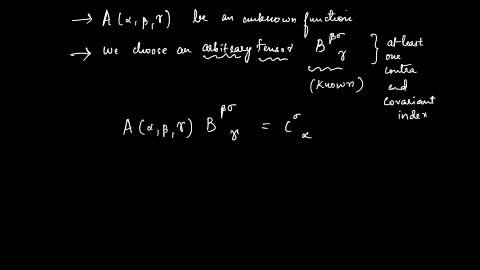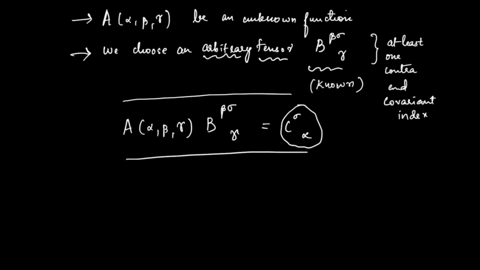Now, the inner product of the unknown function and the arbitrary tensor gives a tensor. If it gives a tensor, then A is also a tensor. If this inner product does not give a tensor, then A is not a tensor.